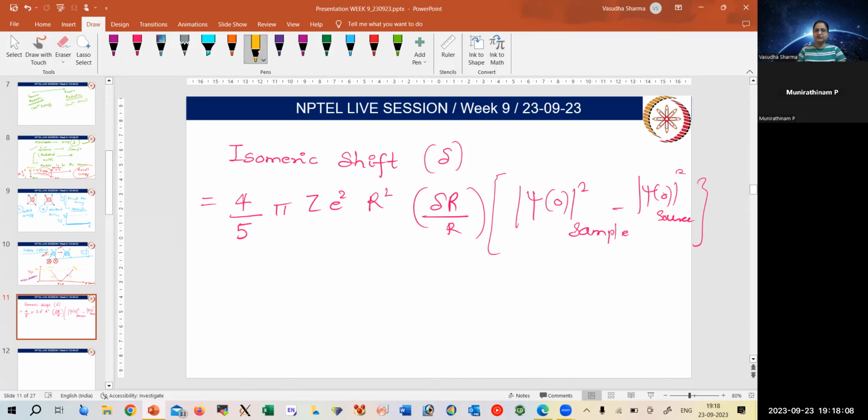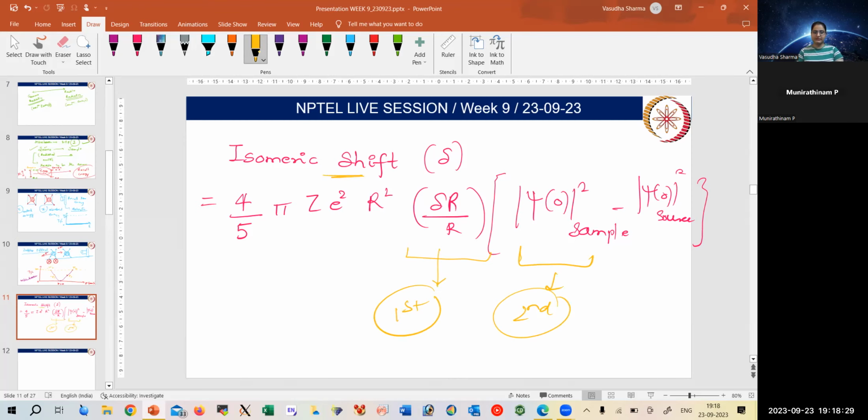The main factor for the isomeric shift, what we are actually expecting and where it got shifted, that is the kind of shift we observe. Why it happens, I will tell you now, and earlier also I talked about it. So this is the first factor, and this one is the second factor. Why am I talking about the shift?